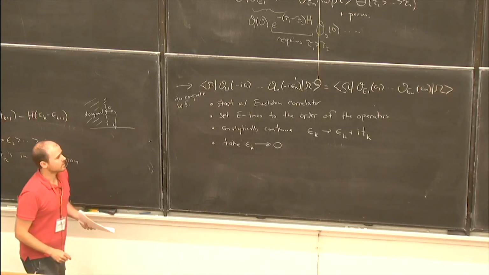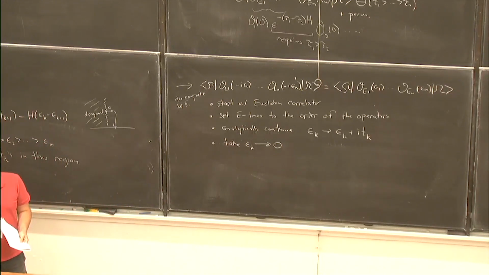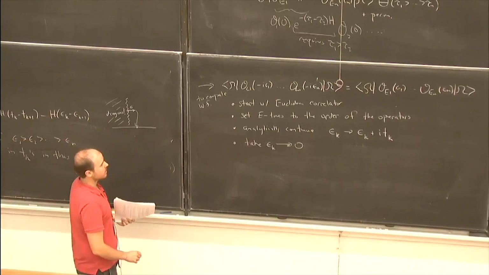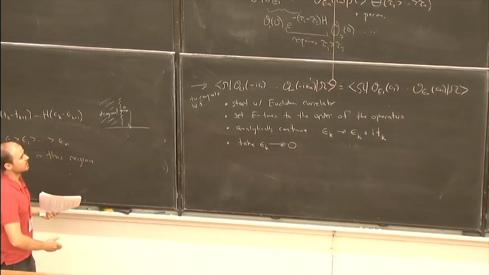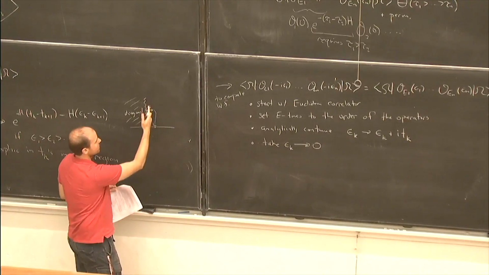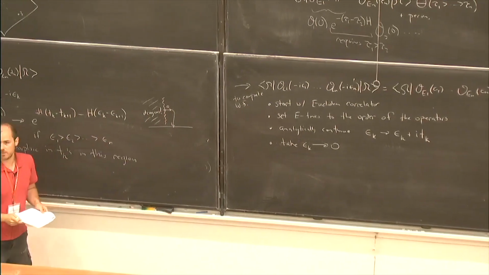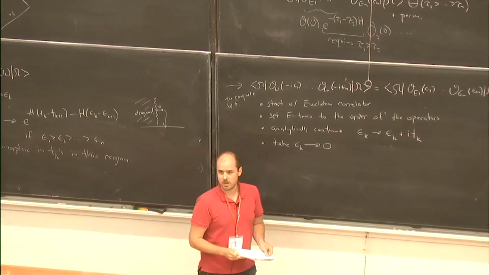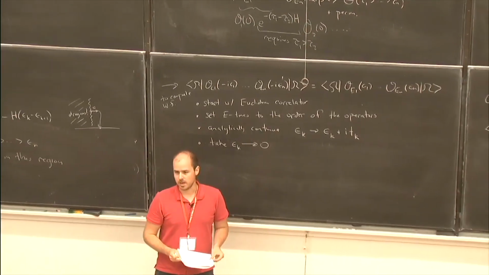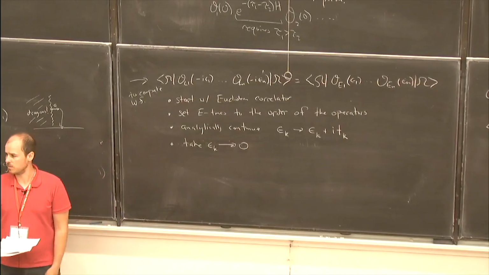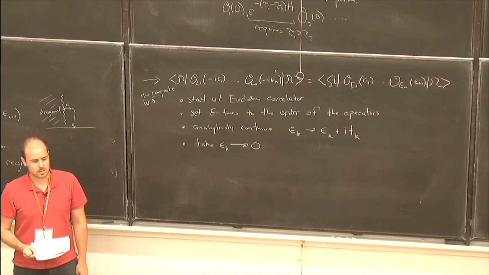If you're integrating a test function that is itself a holomorphic function in that region, then you're fine, because you can take the integration contour and pull it away from the singularities. So it's out here, and then it's manifestly finite, and everything's okay. So you need the theorem if you want to talk about test functions that are not themselves holomorphic in this region. I think the statement is that if they're Schwartz functions, then the answer is supposed to be well-defined. This, of course, will not be true for a generic function of n variables.